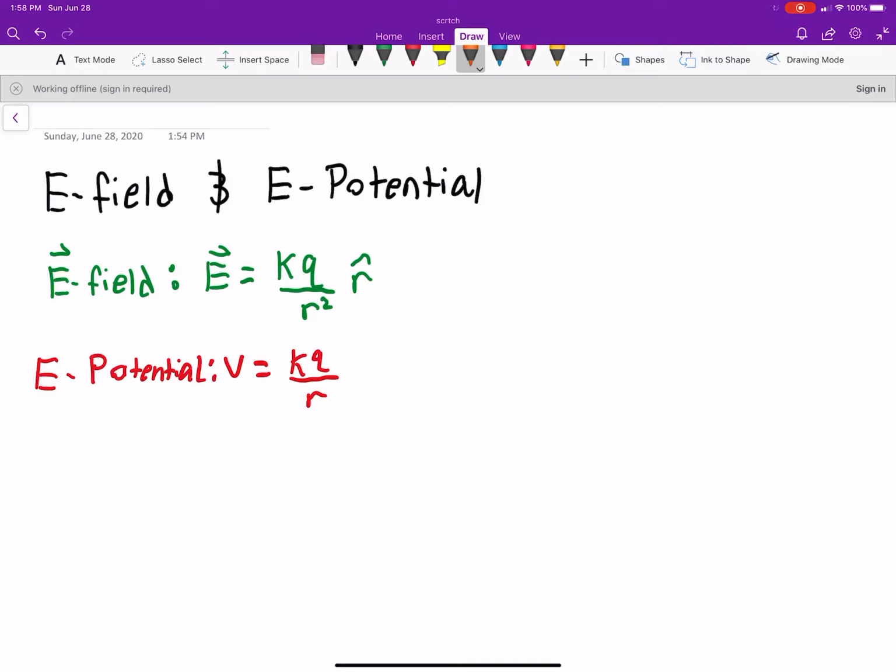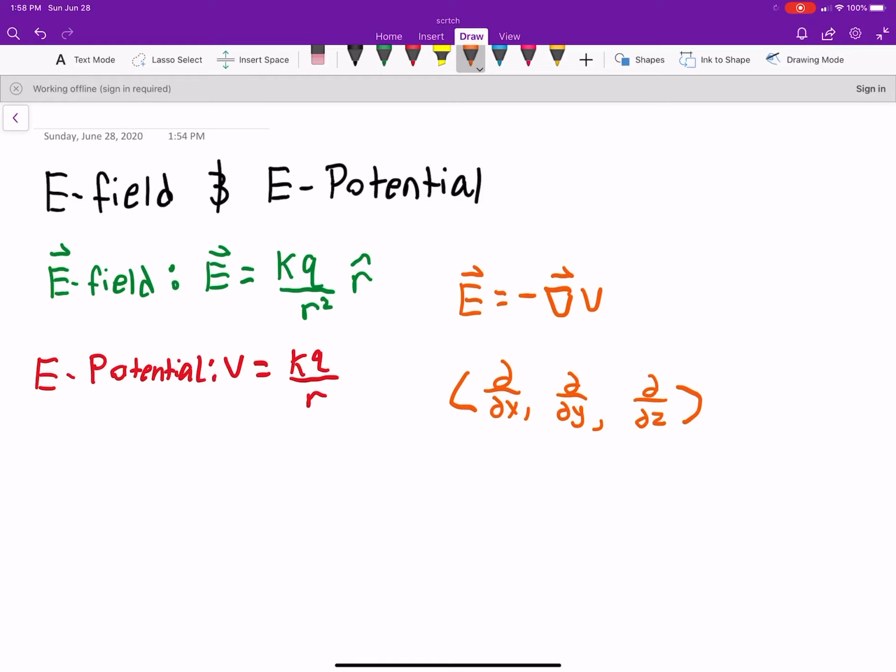If you aren't aware of this, I could maybe make a video talking a little bit more about it. But the E field is equal to negative the gradient of your potential, where the gradient is just partial with respect to x, partial with respect to y, partial with respect to z.